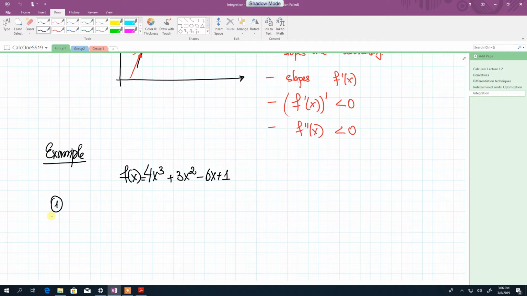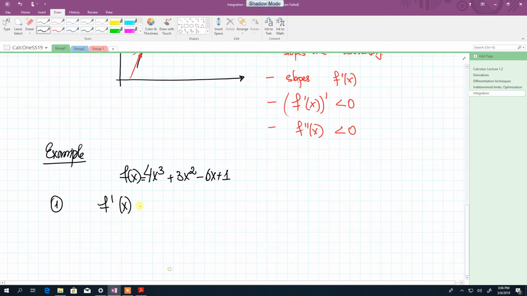In this problem, I ask you to find the local maximums and local minimums because you're not given the interval for x. First of all, in order to find the maximum or minimum points, we need to figure out the critical points. The critical points are where your function's derivative is equal to 0 or where the derivative does not exist.